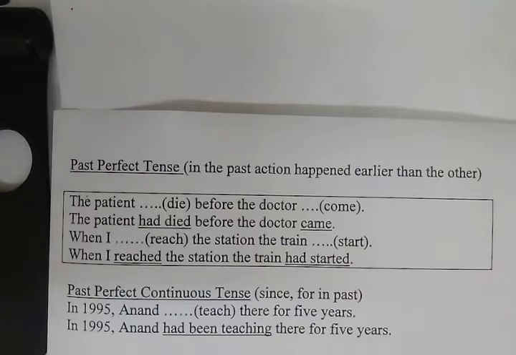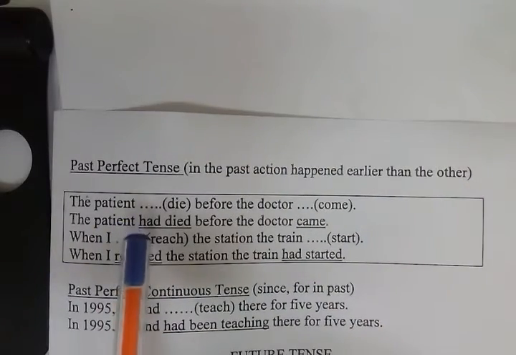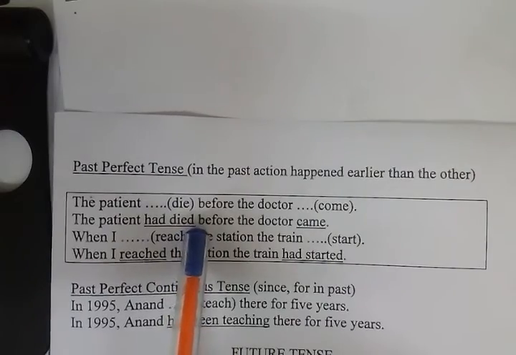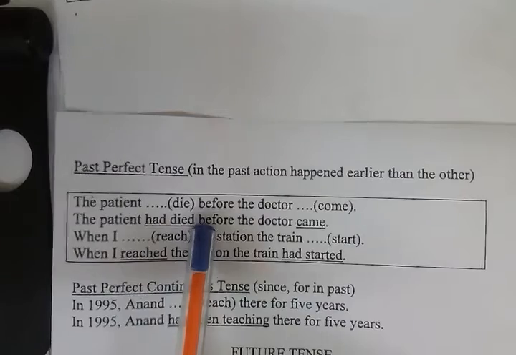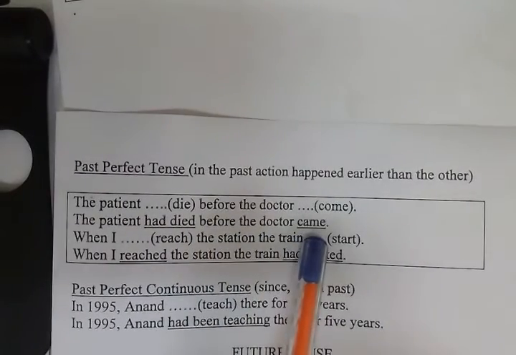So as I have told you, we will use had plus third form; that will denote past perfect tense for the event which happened earlier. So in this sentence, the patient had died. So this event occurred earlier. Then the doctor came.